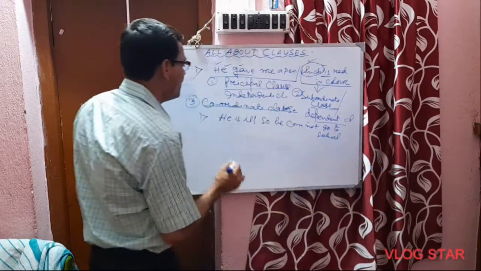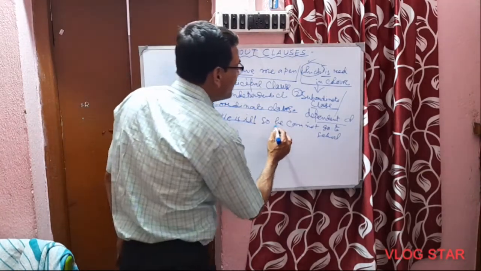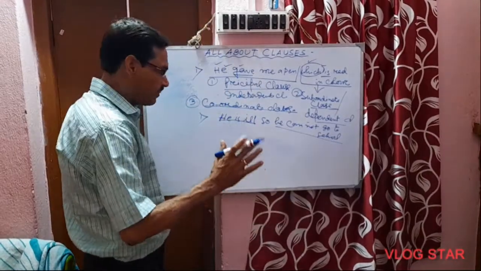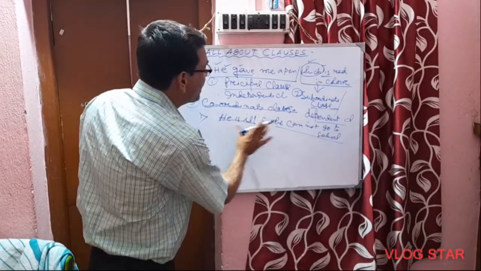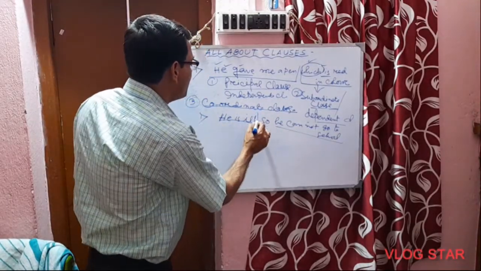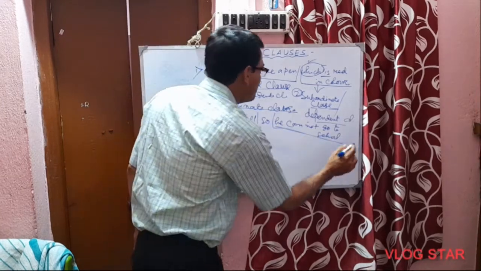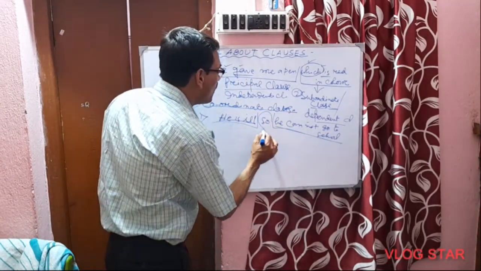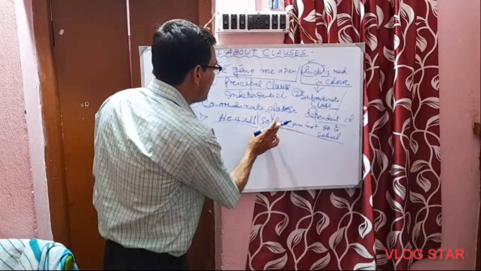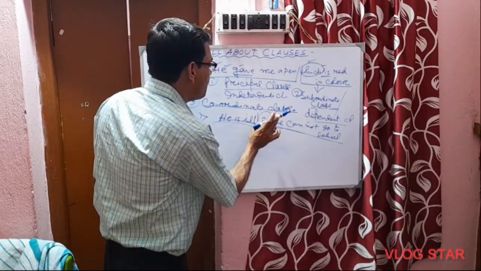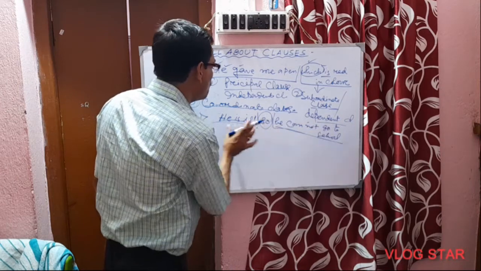Now understand, he is ill, he cannot go to school. If you separate or divide the two parts of a sentence, this is one and this is the other. Now, coordinate conjunctions. Okay, it has been placed to join two parts of the sentence.